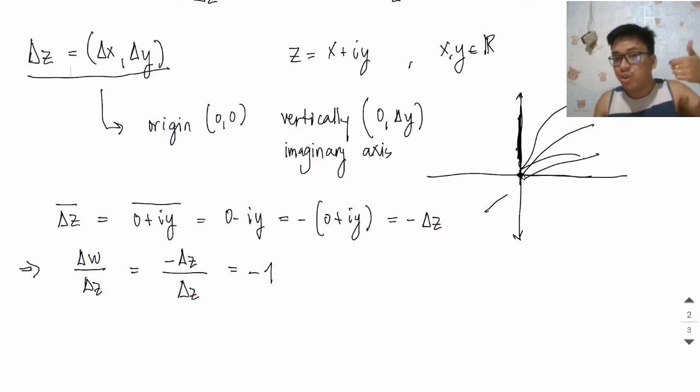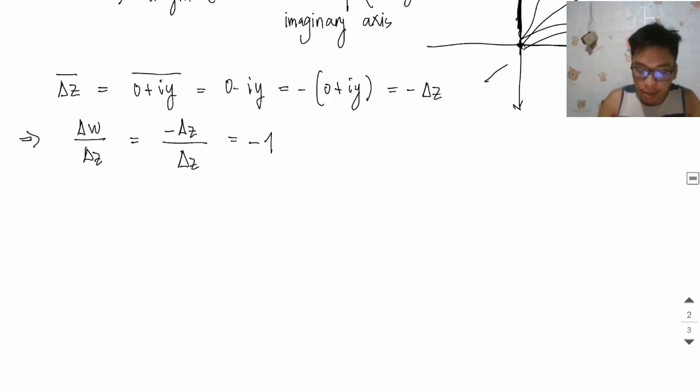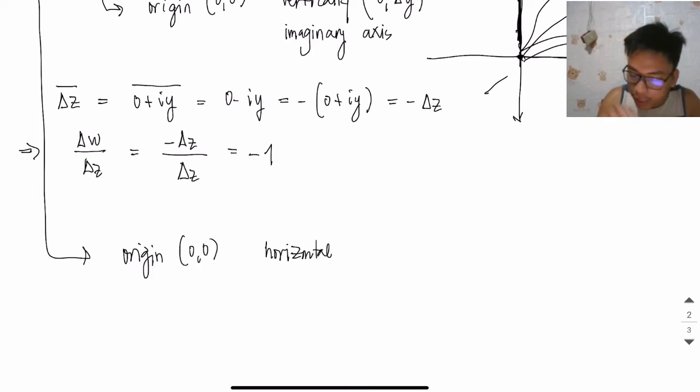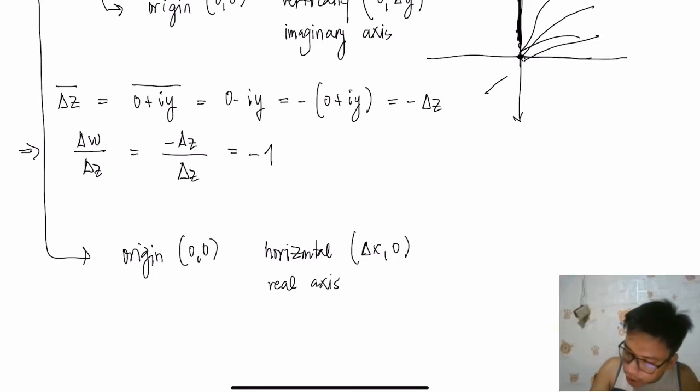Now, let's compare that when we work on the real axis. That means we approach the origin horizontally, in a horizontal manner. So when it's horizontal, our delta y is 0. This is now our real axis. Let me use the red one.